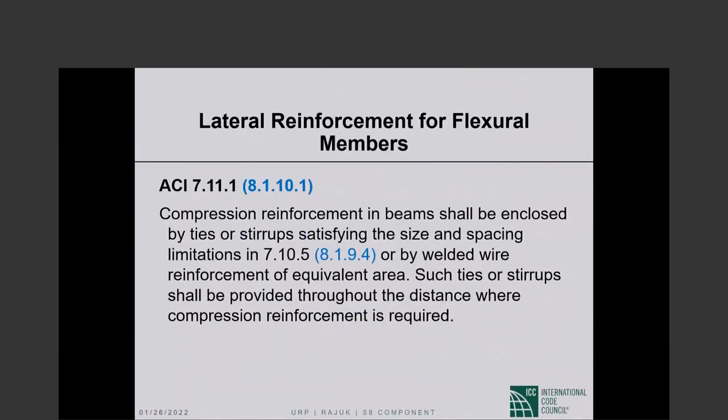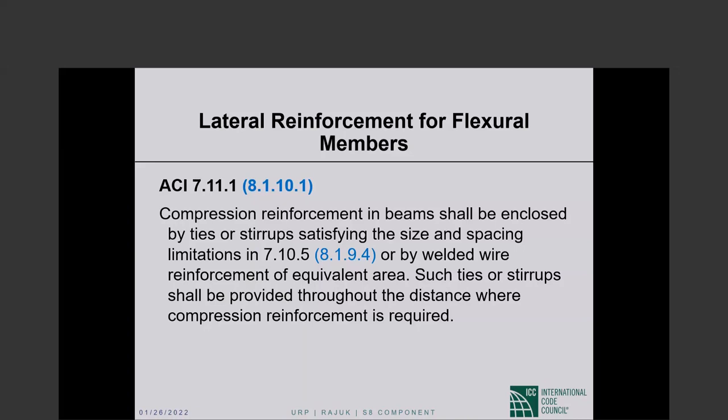Lateral reinforcement for flexural members. Okay, so let us start here. Compression reinforcement in beams. This is compression reinforcement. Okay, and let me make absolutely clear, as clear as I can make it. So let us say at a beam support section, tension reinforcement at the top, and there is reinforcement.